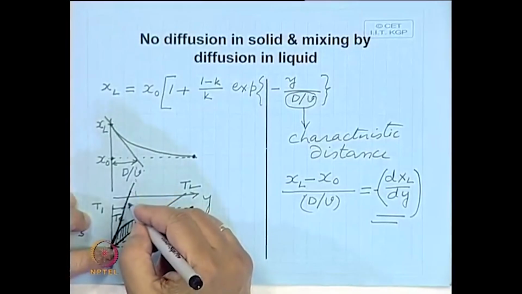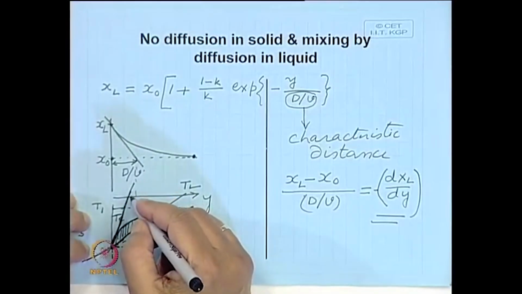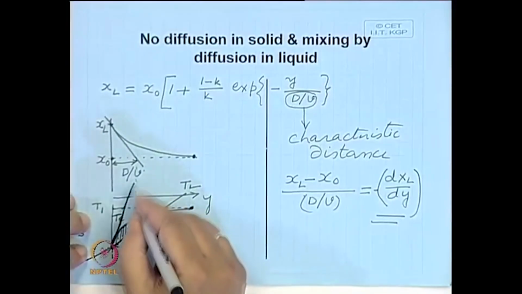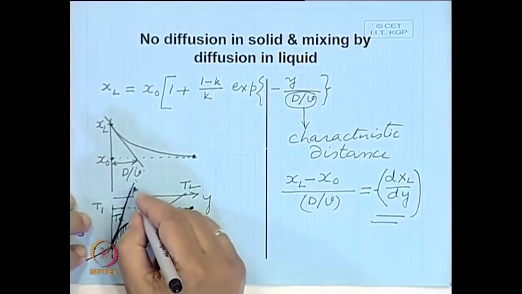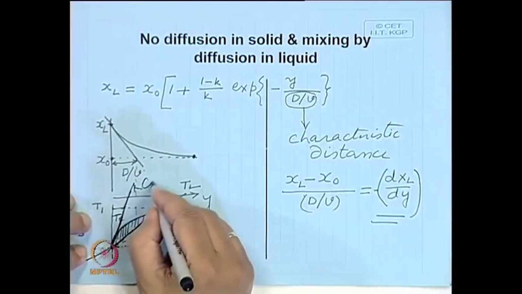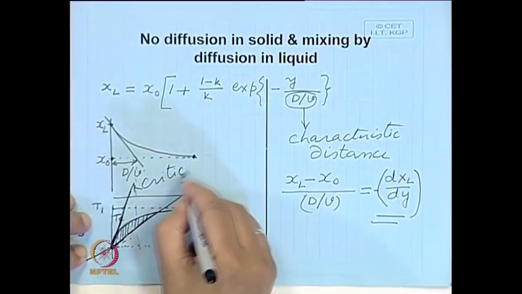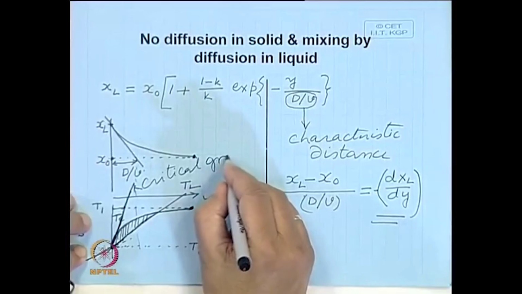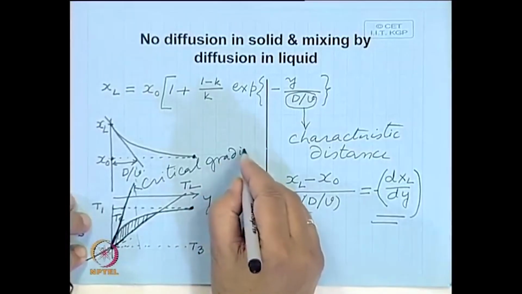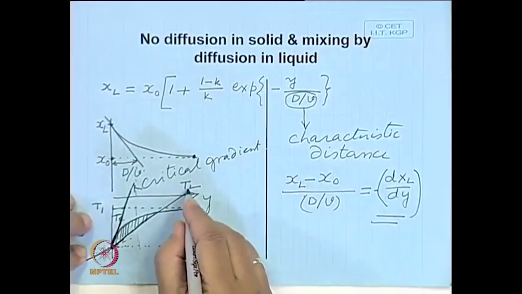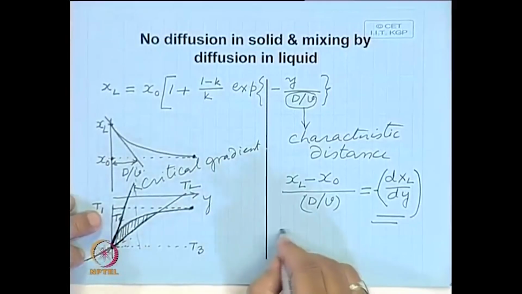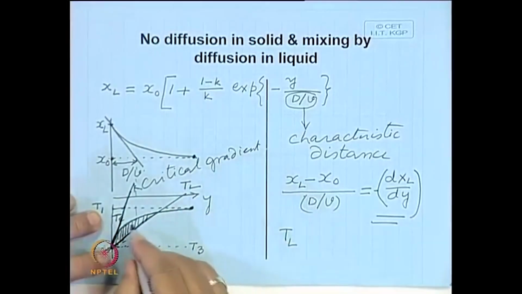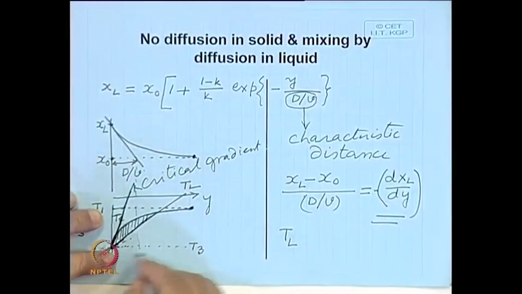And if this temperature gradient is greater than the critical value, you can say this is the critical temperature gradient. So, this temperature gradient, that means the first differential of this with y.